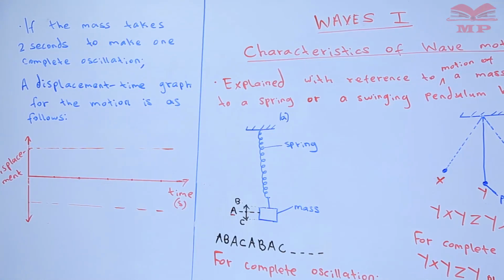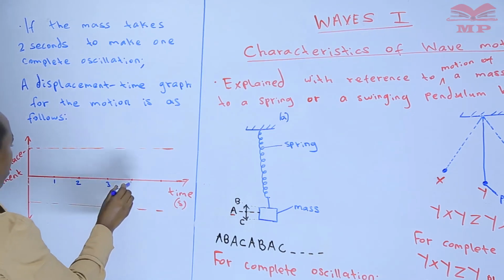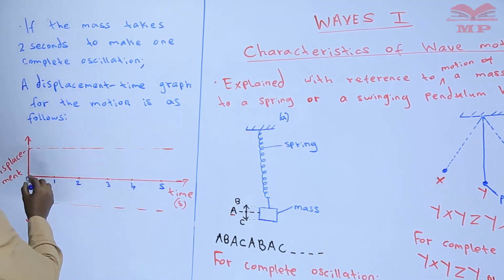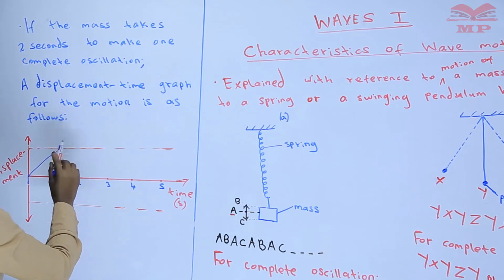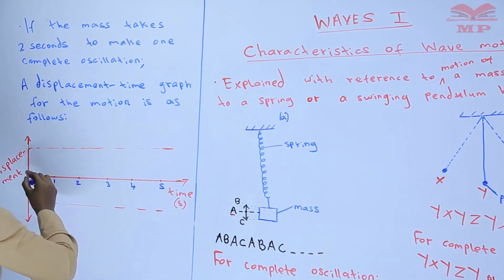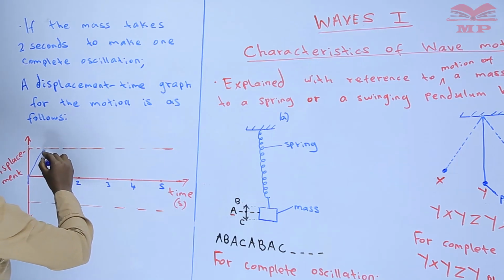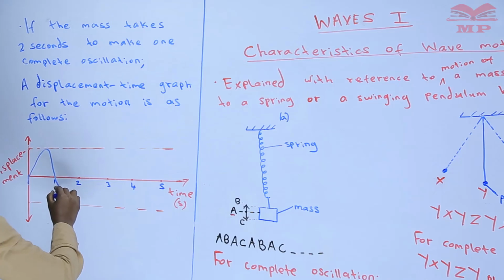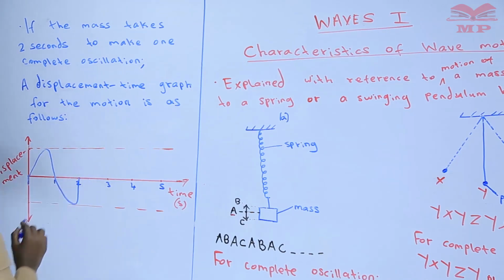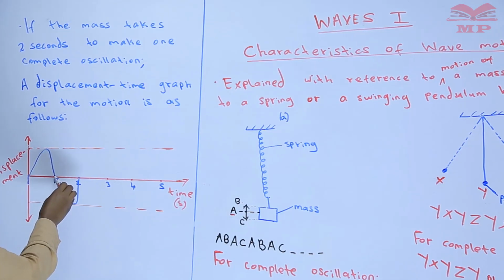It is making one complete oscillation in 2 seconds. So if this is our 1 second, 2, 3, 4, 5, and we have our mean position at this point here, then we are going to have our wave as follows. We want it to make one complete oscillation in 2 seconds. So you can see from this position we have the first part, the crest, the trough.